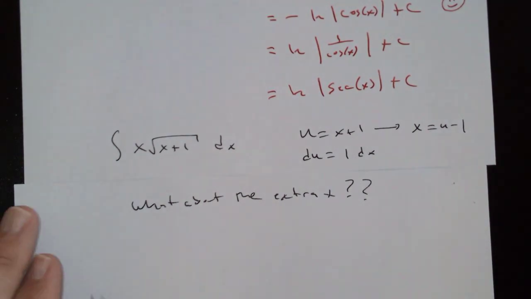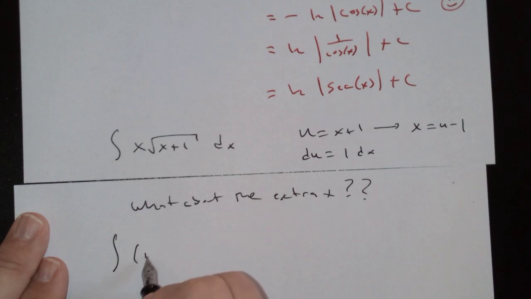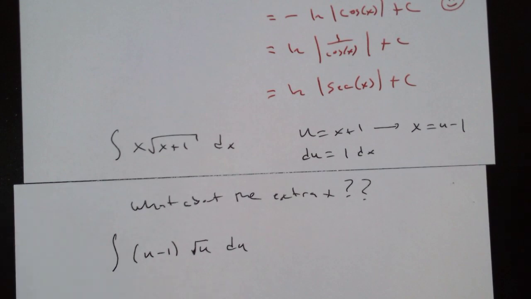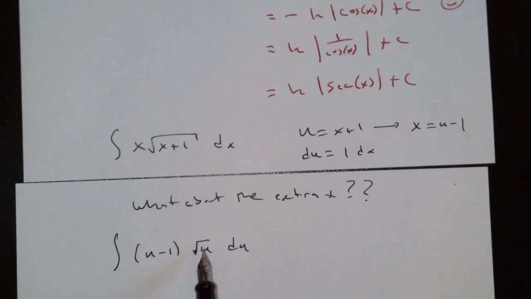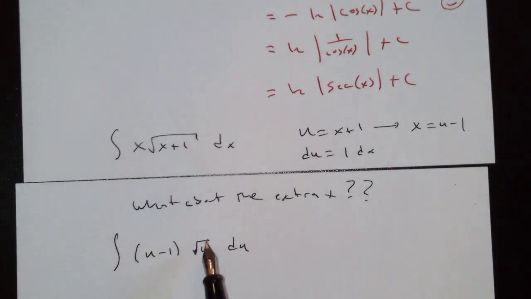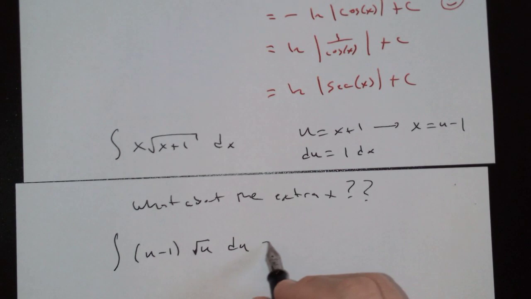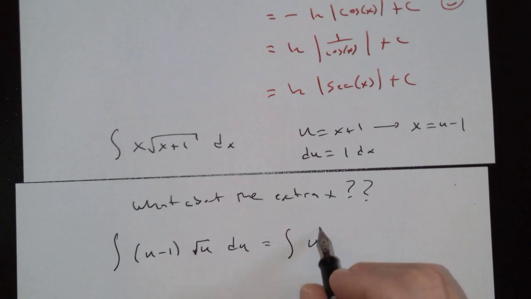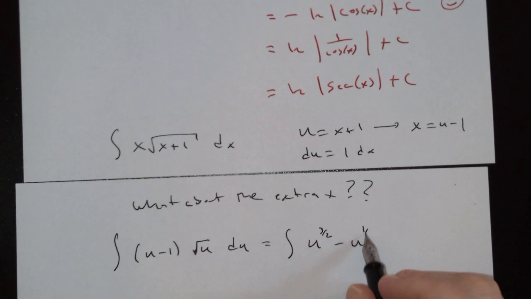And now my integral becomes u minus 1 square root of u du. Why is that better? Because I can multiply this in. I couldn't multiply this in, but I can multiply this in. And that's power rule.